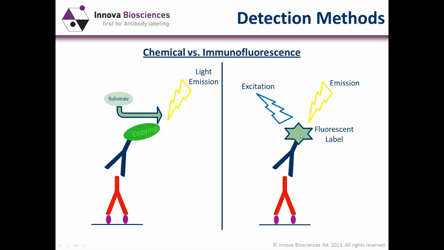Whereas now, people are taking fluorescently labeled secondary antibodies, and through excitation, the fluorescent label is excited, resulting in the emission of a signal, which can be detected on the appropriate gel documentation system.